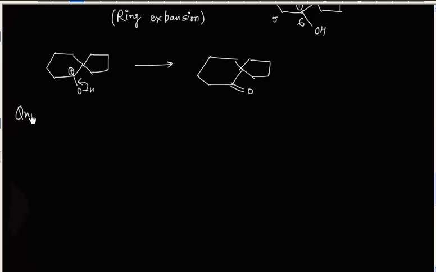Now let us try this problem. This is slightly tricky. So we have an OH group here. This carbon also has an OH group.